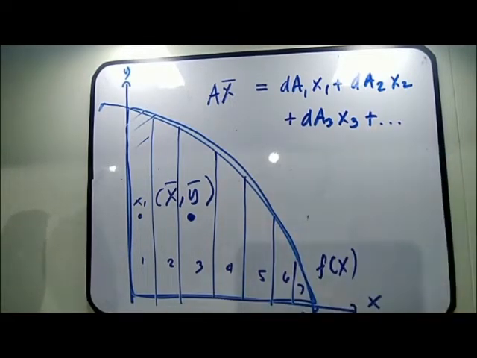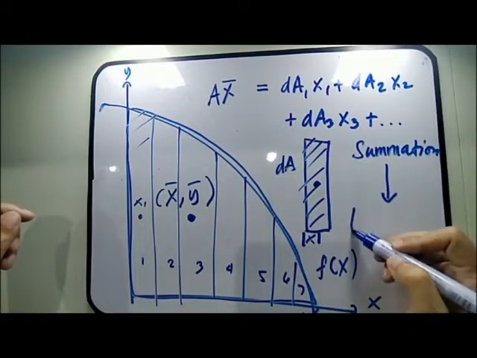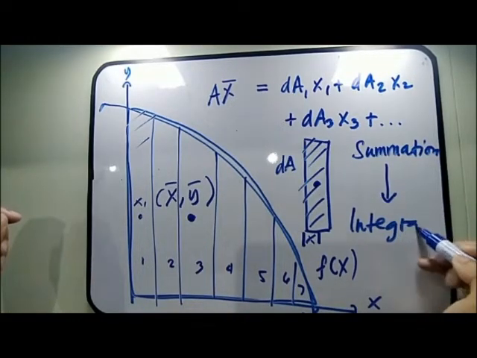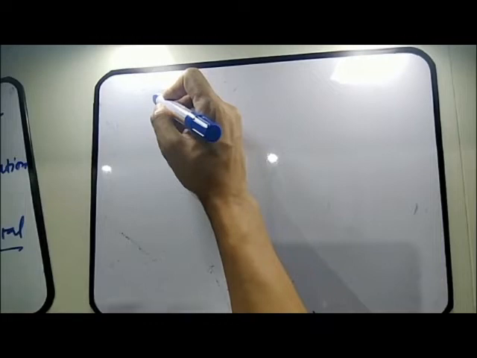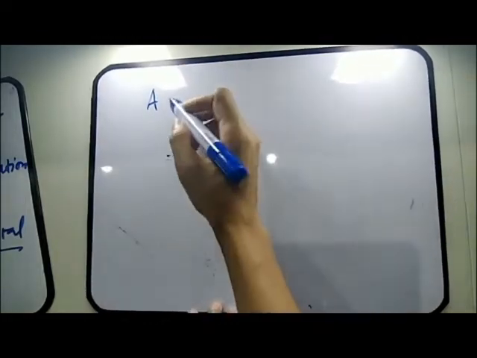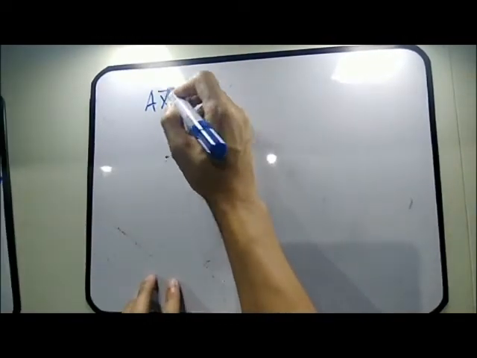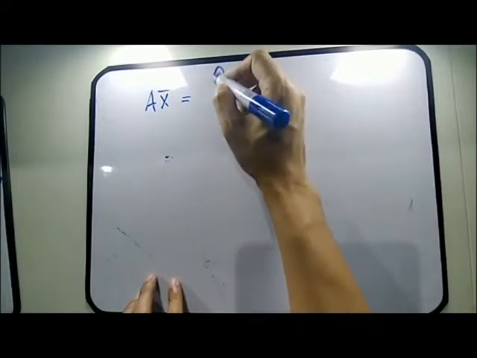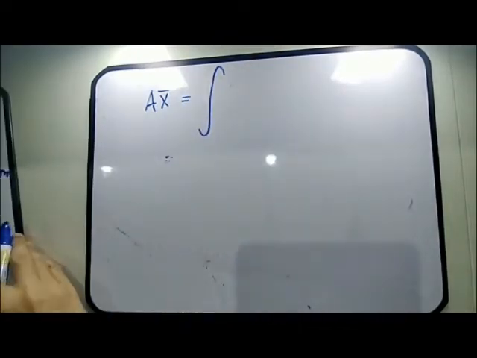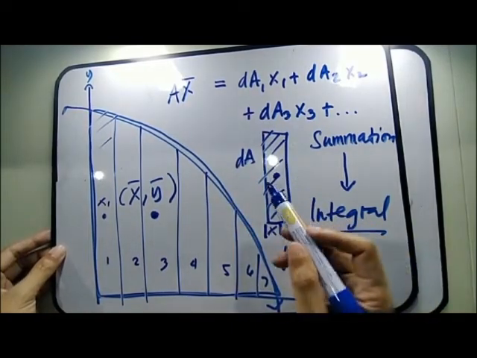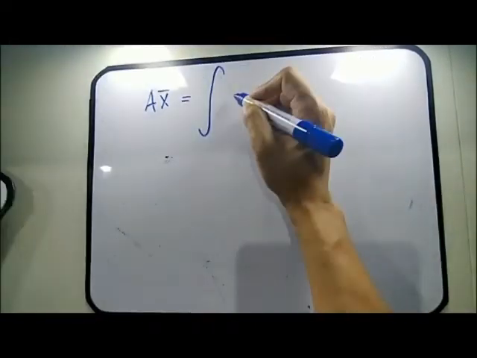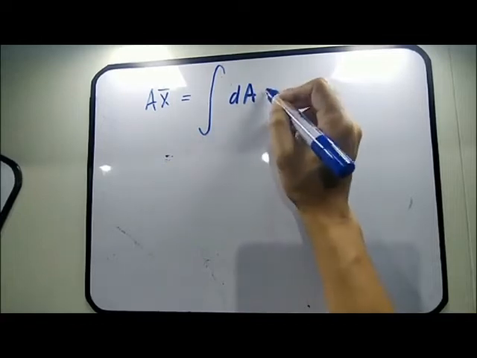Itong summation na to can be actually expressed as the integral function or integral calculus. So, i-simplify natin na mawala na yung mga plus sign or yung summation, lalagyan na lang natin siya ng integral sign. So, the integral of, you have here, in general, yung mga single strip na yon is differential A times x. So, yun na guys yung formula natin.